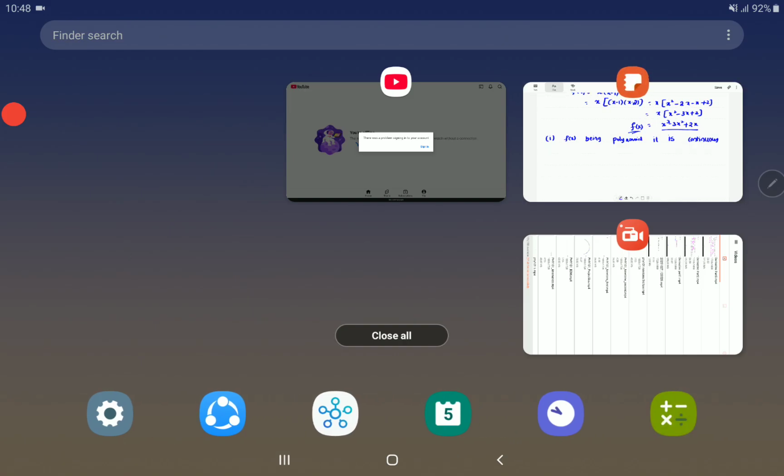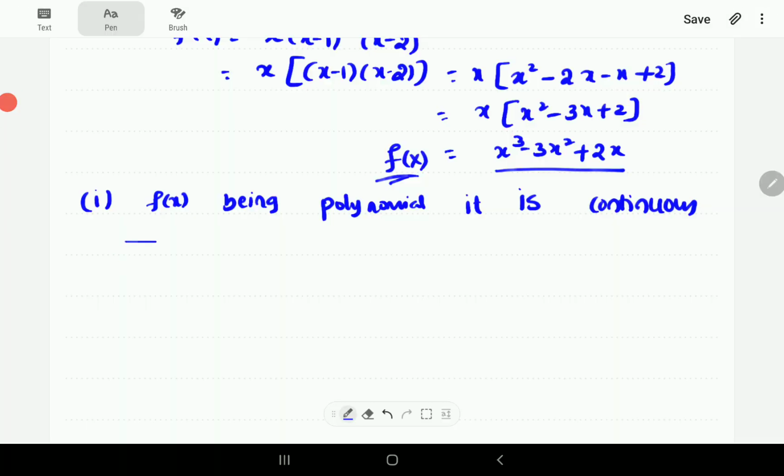It is continuous in the closed interval 0 comma 1 by 2, as it is given.